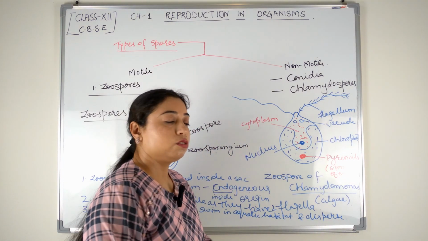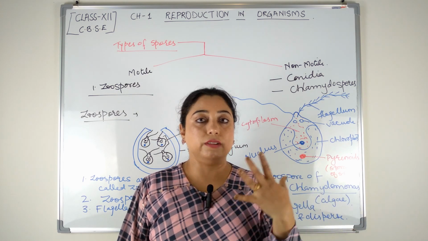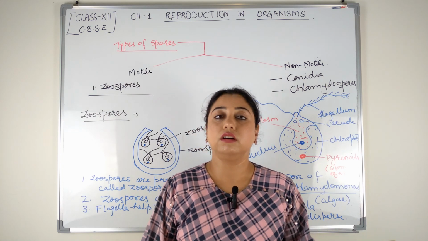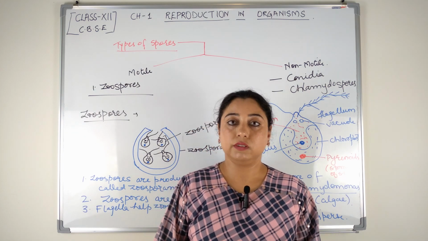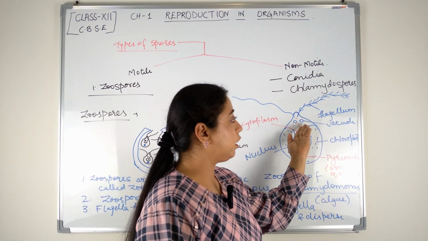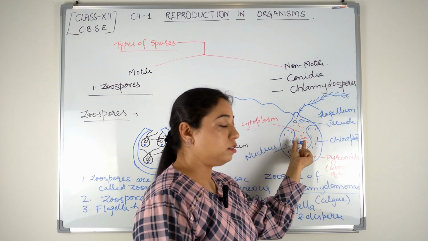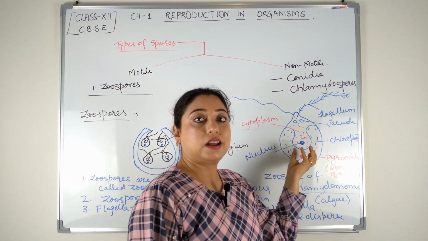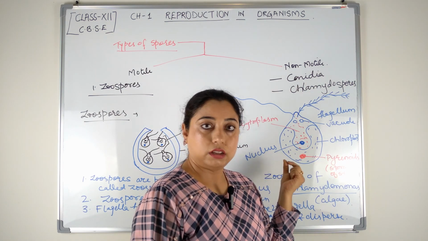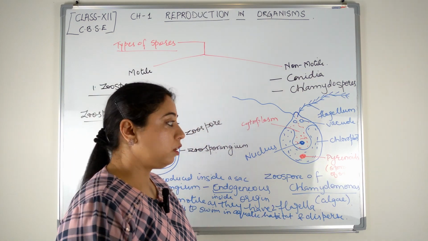They can disperse to distant places, and whenever they find a suitable substratum, they germinate there and produce a new organism. Other than the flagella, there is a vacuole, a chloroplast, and a nucleus at the center. Inside the chloroplast, there's a starch-storing body, the pyrenoid. So this is the structure of the zoospore of Chlamydomonas. Clear?